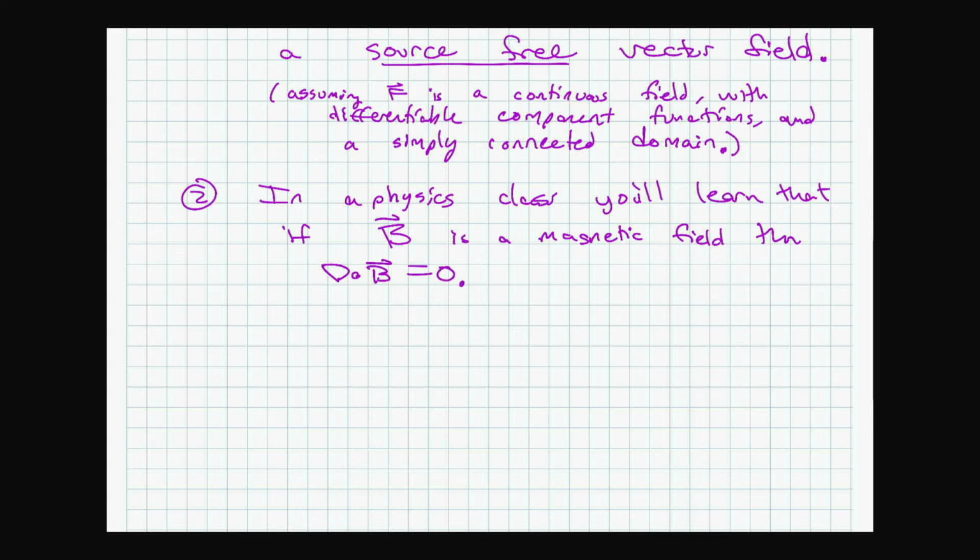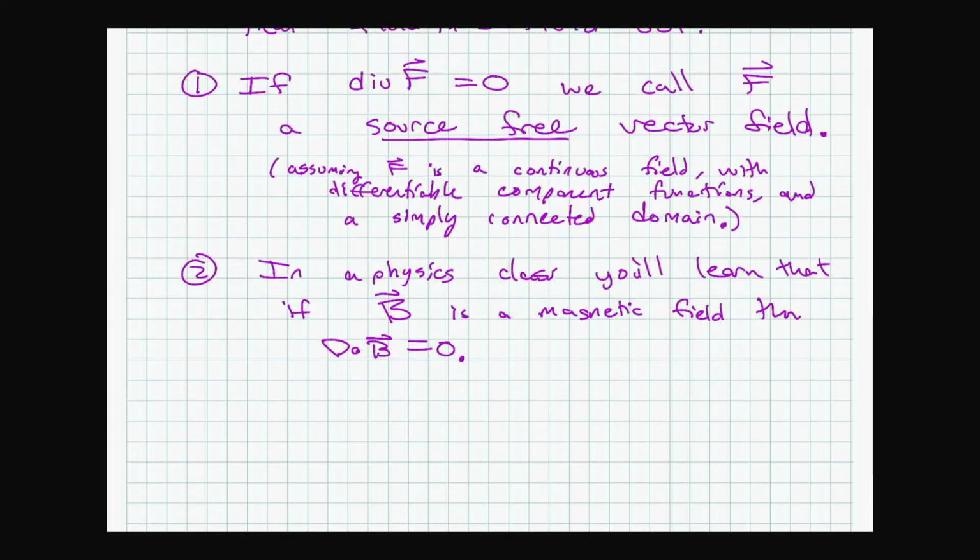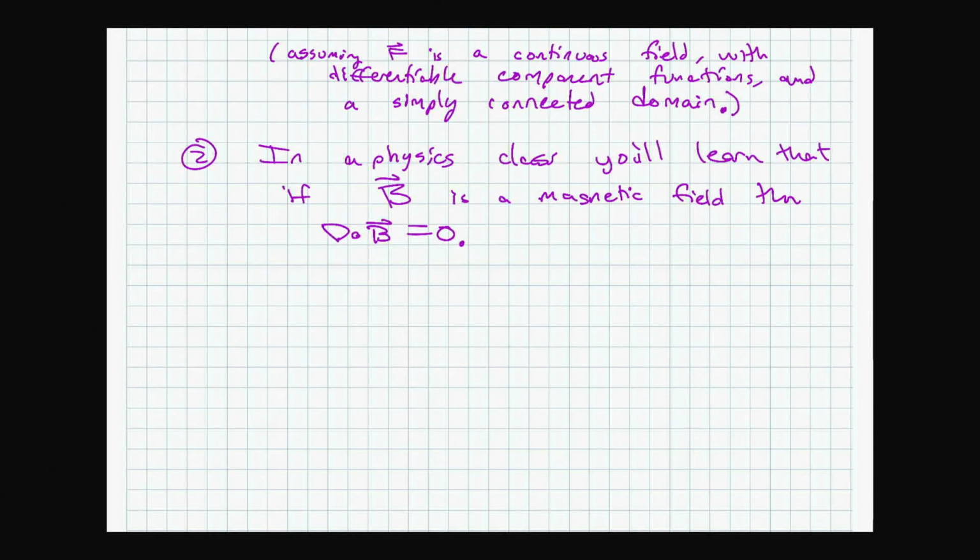So even though we would call it source free, one where the divergence is zero could be a magnetic field as well. So if div F equals zero, then F could be a magnetic field. So not everything is fluid flowing places.